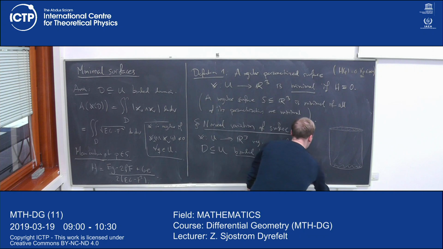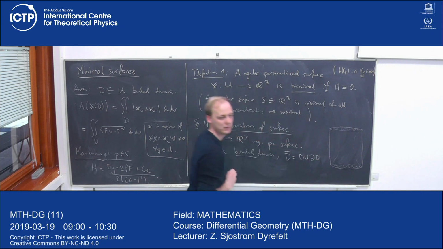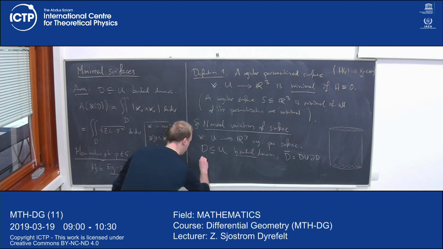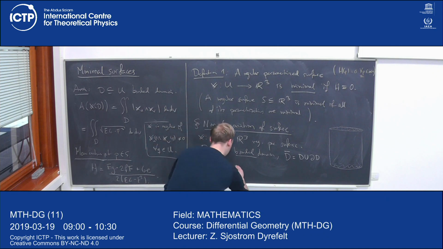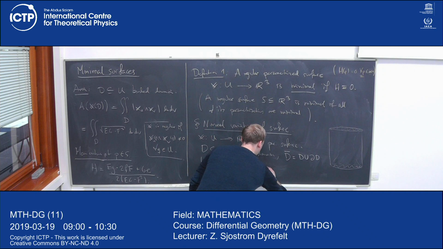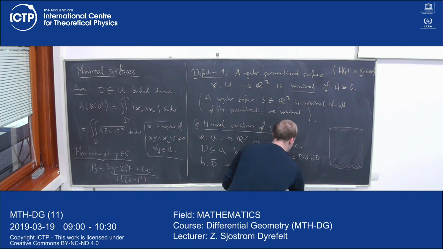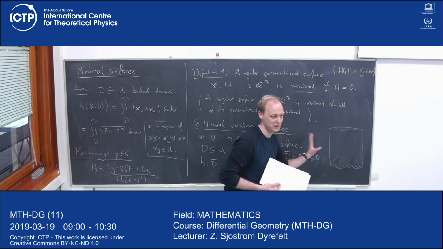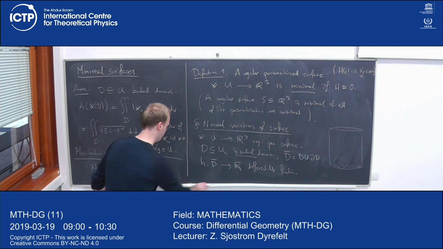So it's D union the boundary of D. So I will look at something closed, and then I will take h from D bar to R, a differentiable function. Okay, and this differentiable function will somehow decide exactly in what way I will deform this surface.